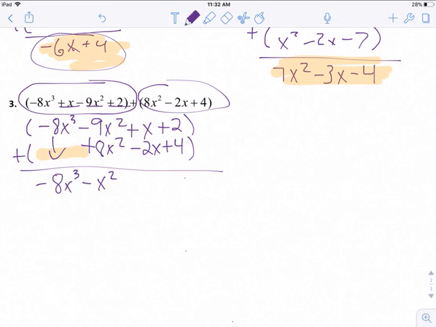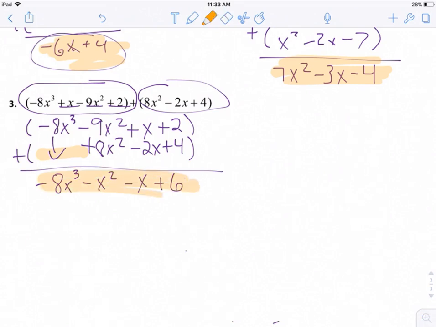And then this one is plus 1x, or plus x minus 2x, which would be, of course, just minus x. And then 2 plus 4 is plus 6. And that would be our answer to that one.